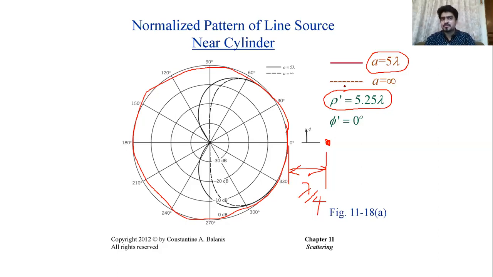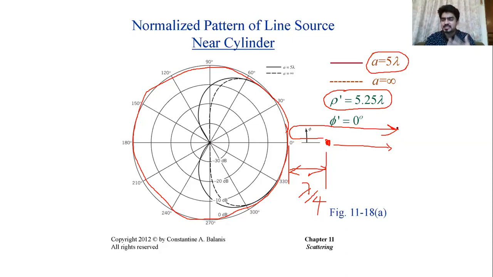If you remember, we showed in the last lecture, lecture 22, that when we have a quarter wavelength distance between the line source, which is parallel to the surface of the cylinder, then the direct waves radiated from this line source and the waves which get reflected back from the cylinder and scattered in the x direction create a constructive interference in the positive x direction and around it.